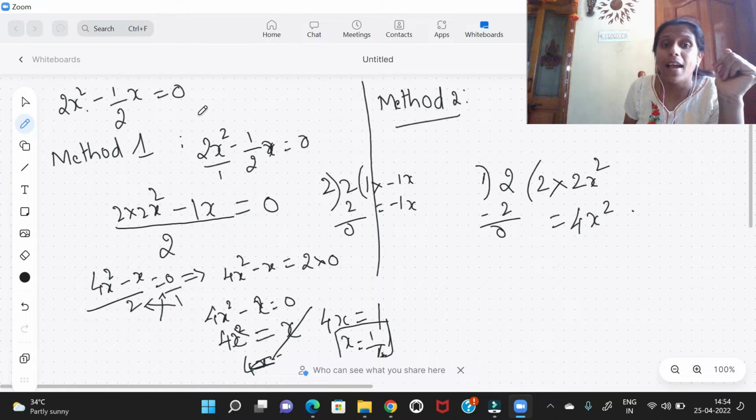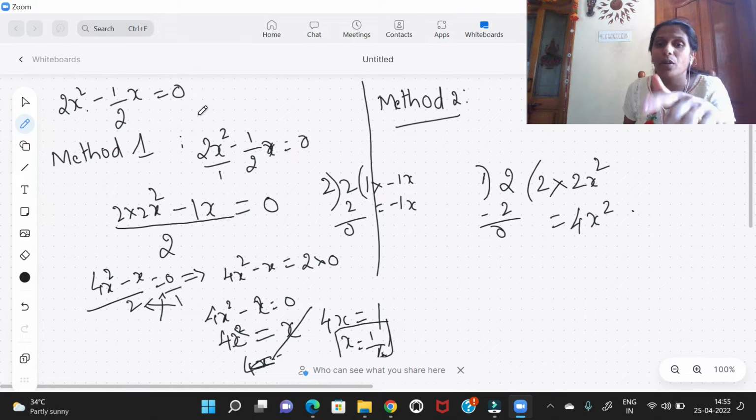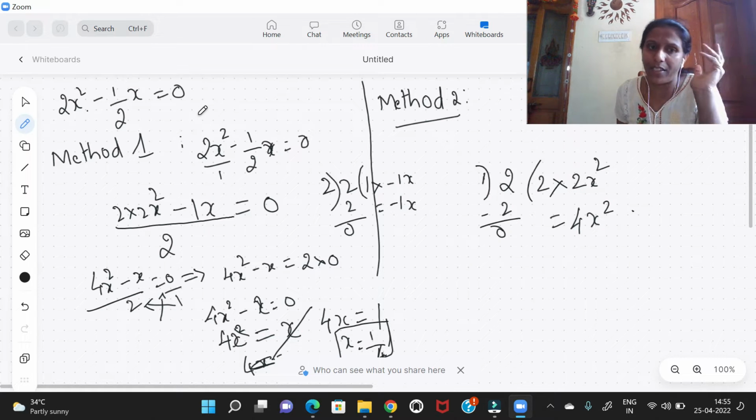That's the same thing as I said here. The LCM I have got is 2 and the denominator is 2. I am dividing it and I got the quotient as 1 into whatever is there in its respective numerator, that is minus 1x, which is equal to minus 1x or minus x. It's one and the same.